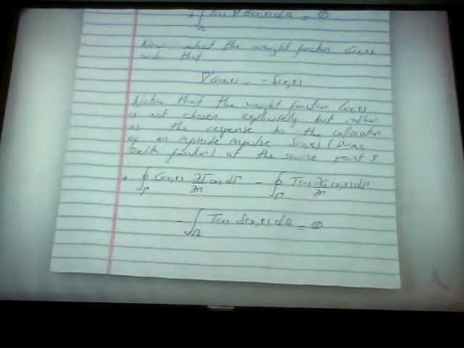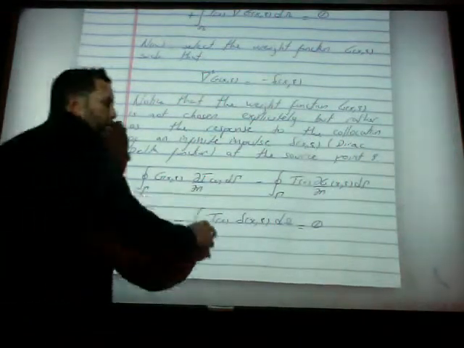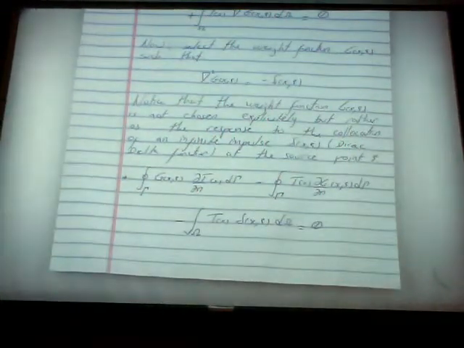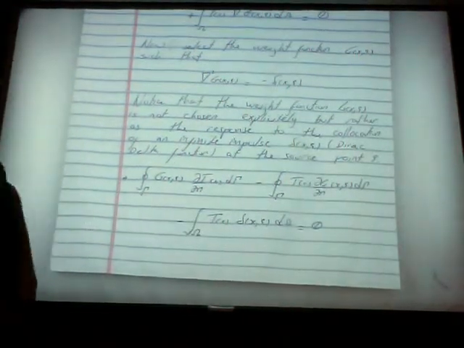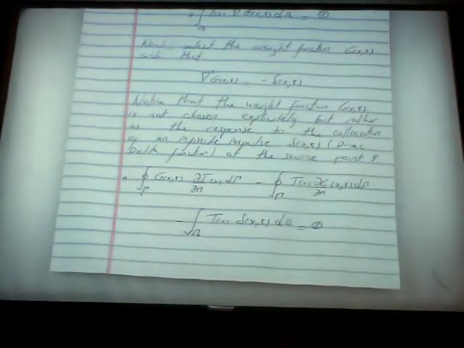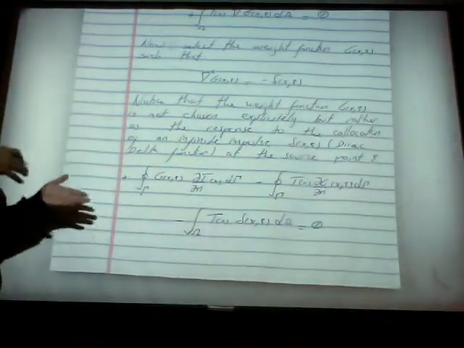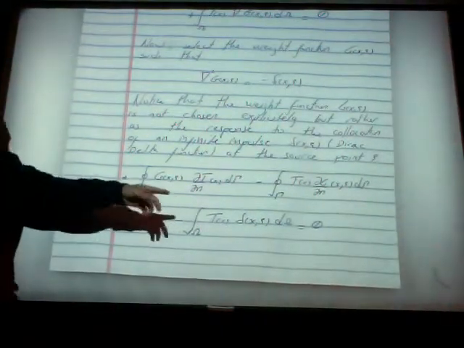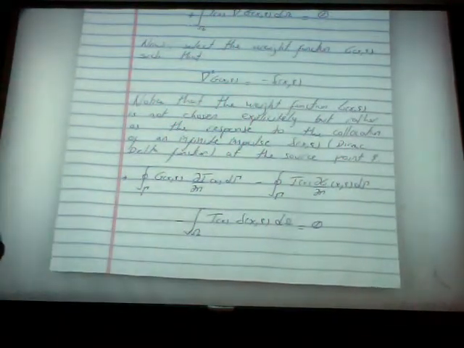It sifts it out of the integral. So this integral will disappear. It will basically be t of psi, except when that point psi is outside the boundaries. If it's outside the boundary, that integral is 0 because the source point is outside the integration domain.